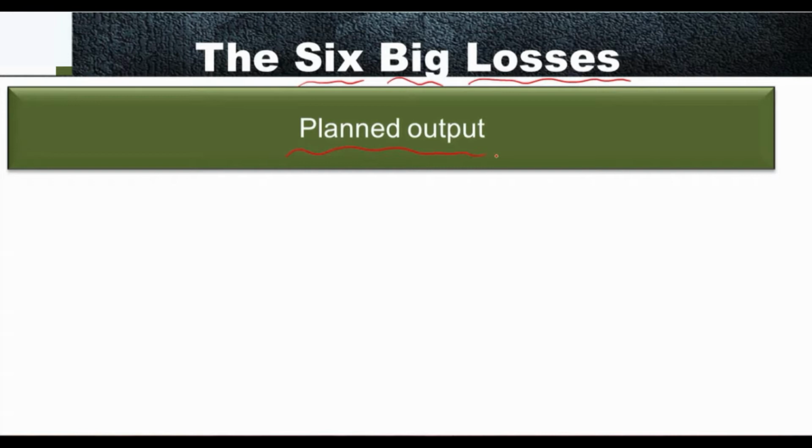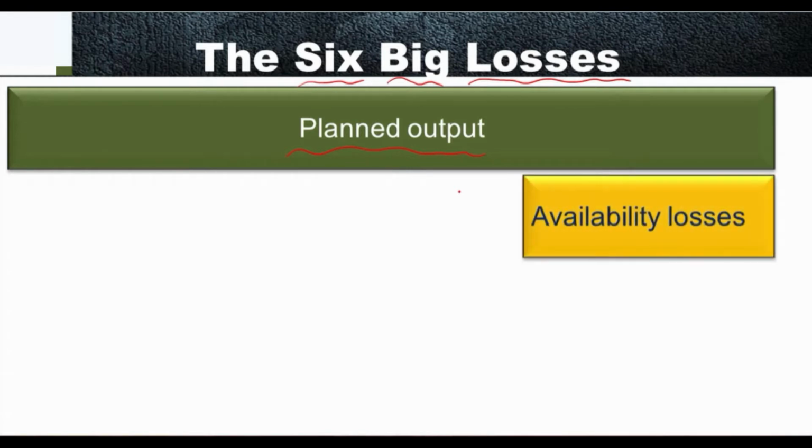Imagine that we have a planned output. So this is the output that we have planned, that the production department or management has planned. But this output that is planned does not always materialize because of the availability losses. Okay, now availability losses come in 2 forms.